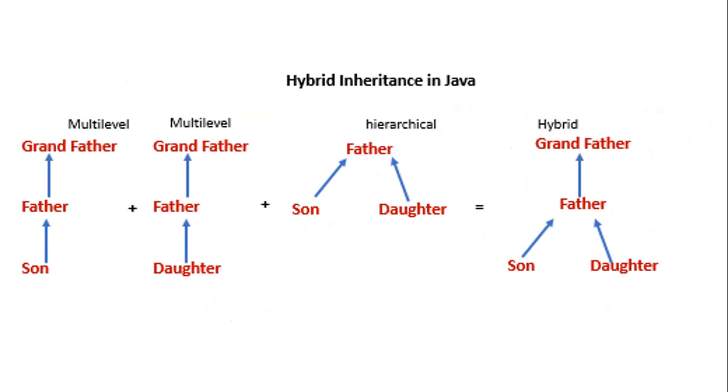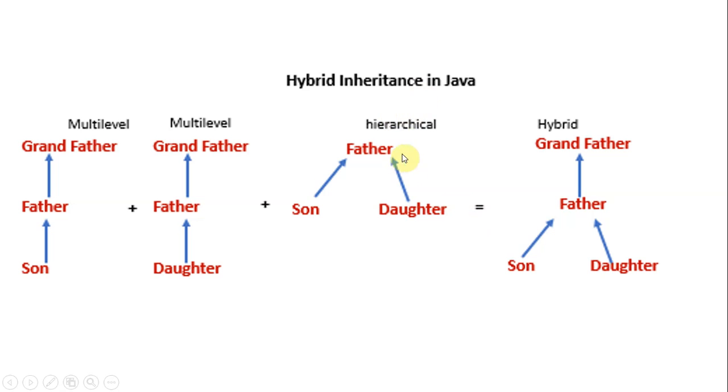If you see inheritance in real life, for example in family life, multi-level means grandfather, father, and you, my father, your father, and you be a son or daughter. This is nothing but multi-level inheritance. Hierarchical: the father has children, a son or a daughter, more than one.